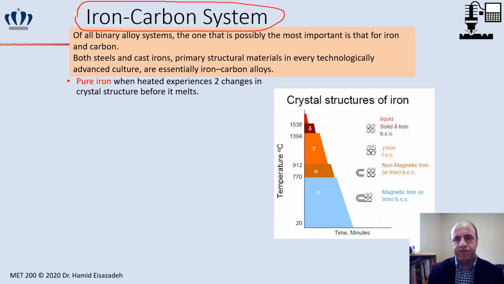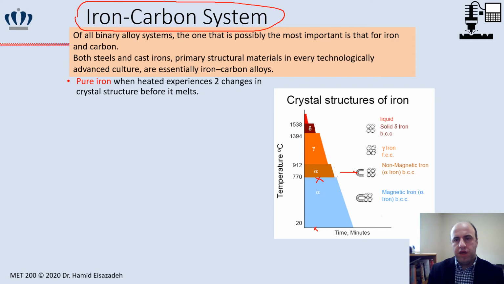Here you see the temperature and the property of the pure iron. From room temperature up to 700, we have a BCC structure. It's a magnetic iron, but when it goes above that temperature, it loses the magnetic property, but still it has a BCC structure.